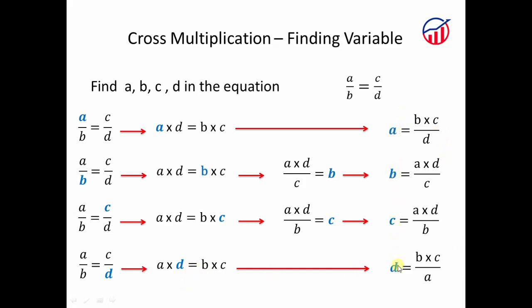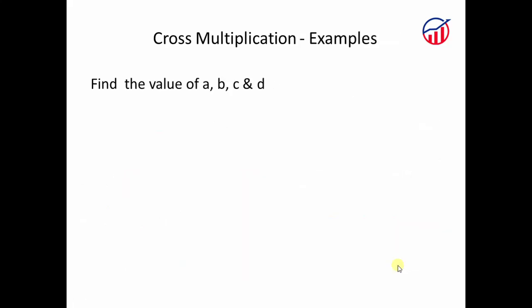Now let's take some real life examples and find the actual values of A, B, C and D respectively. So here are some examples. Let's say this is an equation: A upon 8 is equal to 6 upon 4, and you need to find the value of A. So what are you going to do? Correct, cross multiply.